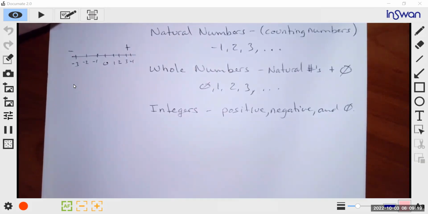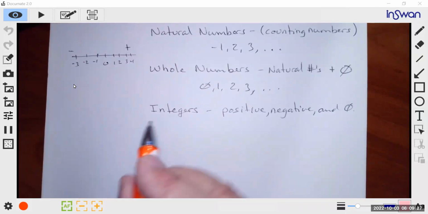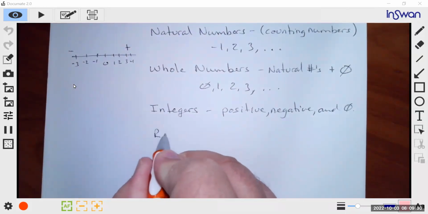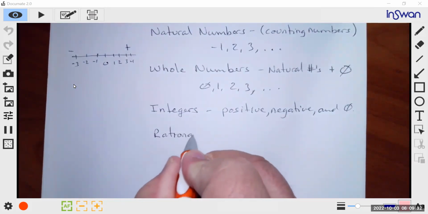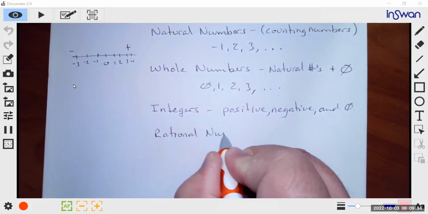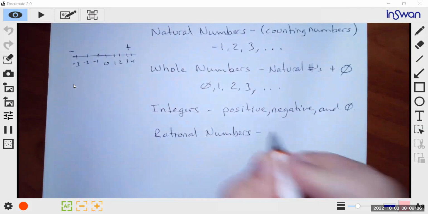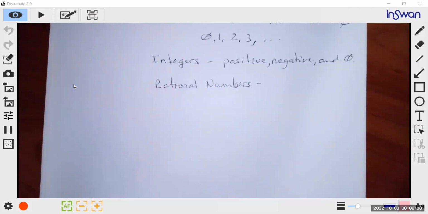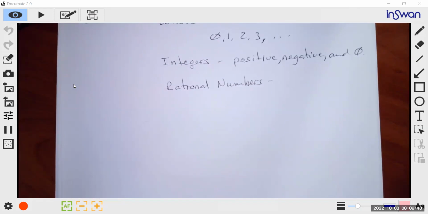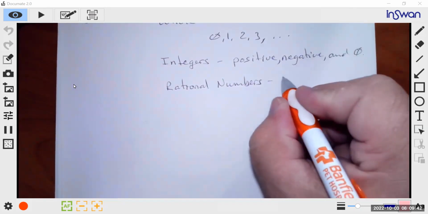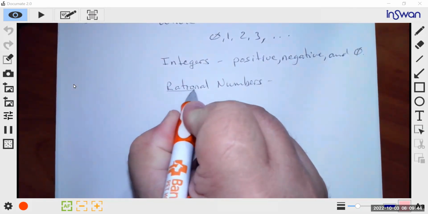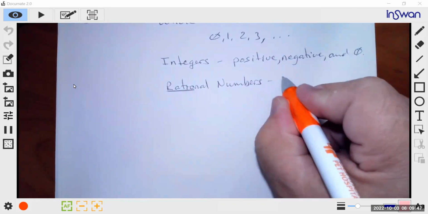All right. Now we're going to another set of numbers called the rational numbers. The first 5 letters of rational is ratio. These are fractions.